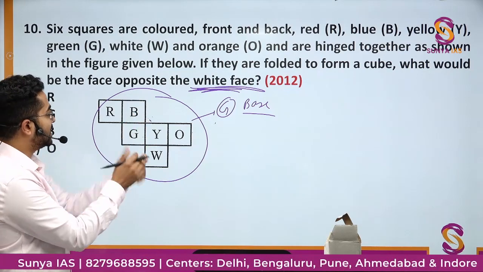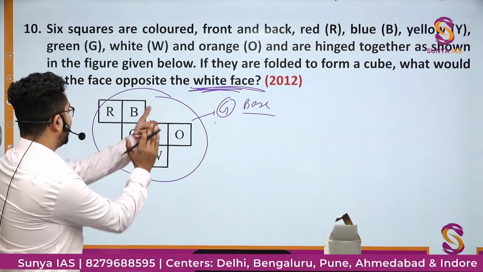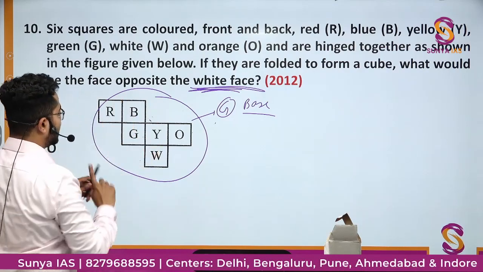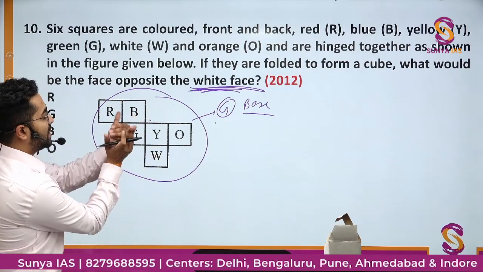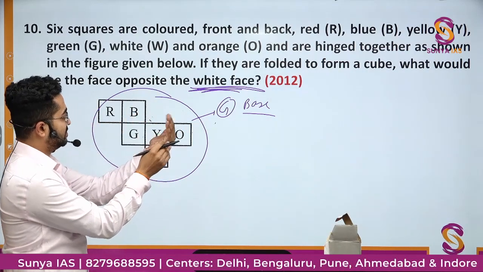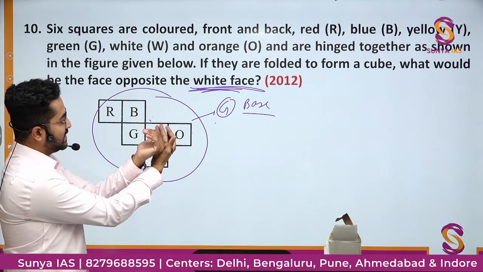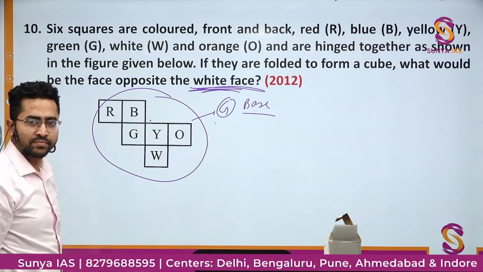Okay, Y came to the top. This W I'll fold like this, then W comes to the side. If this is O, this is G, G is the base, then this is Y, this is W. Any doubt?